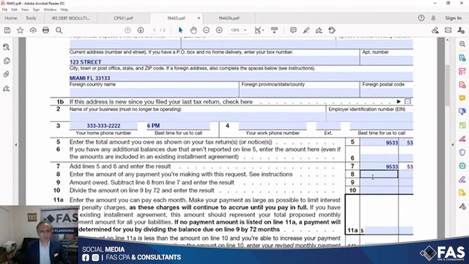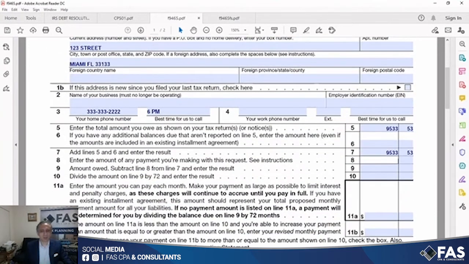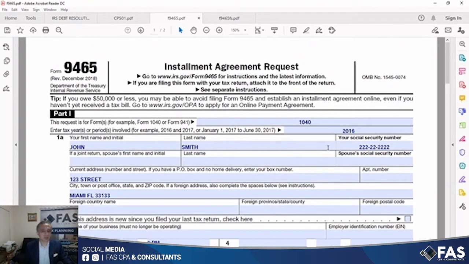Line number 8. If you are going to make any payment with this form 9465, you enter that amount here. And that means that you have to attach a check when you mail this form. Remember, this form is used when you owe less than $25,000.